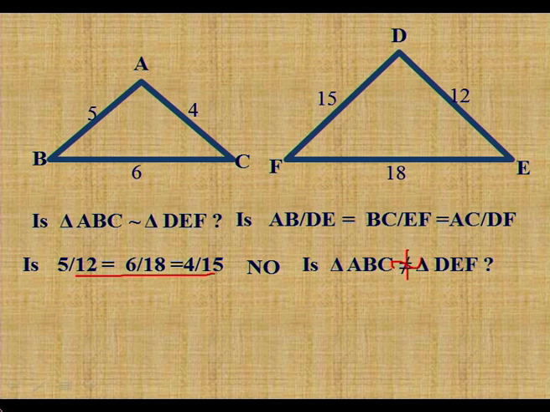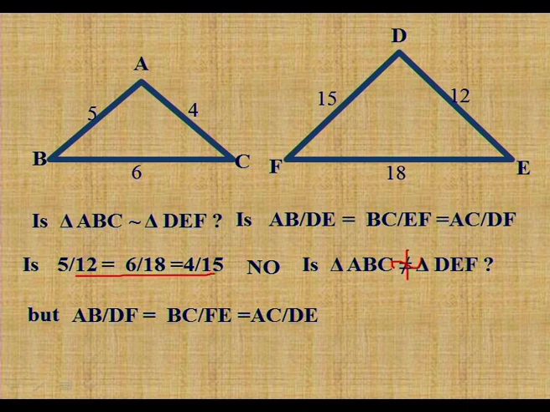So, let me check. AB by DF, this is AB and the corresponding side is DF, and again BC by FE, and this is the third side, the corresponding third side.